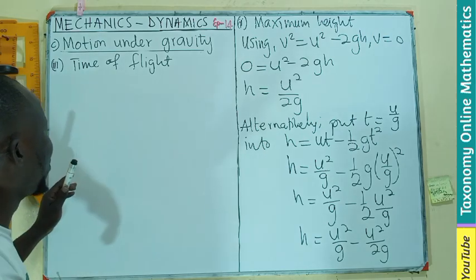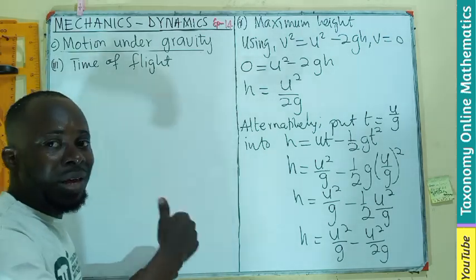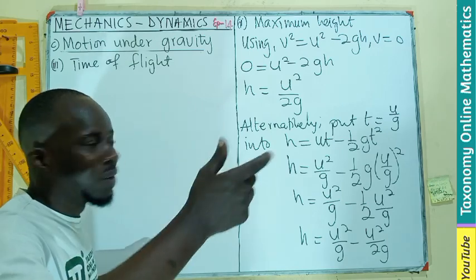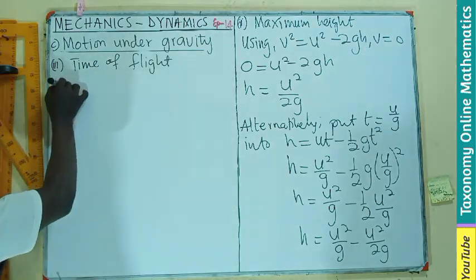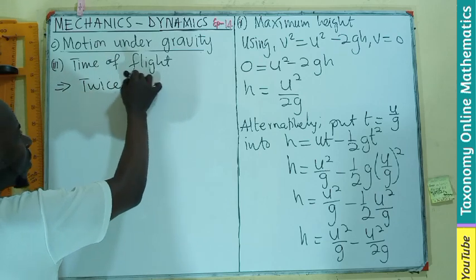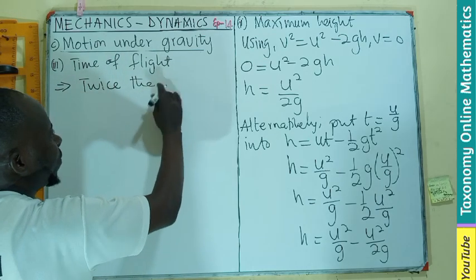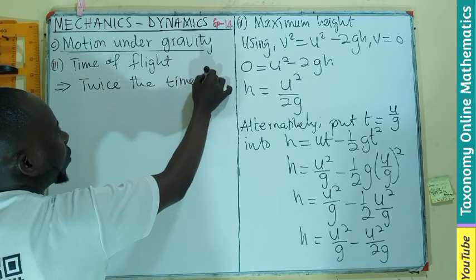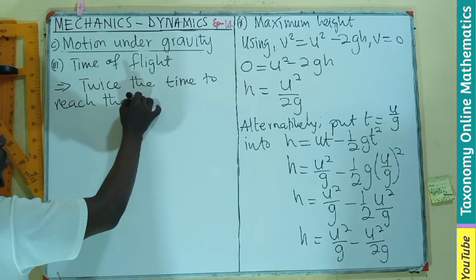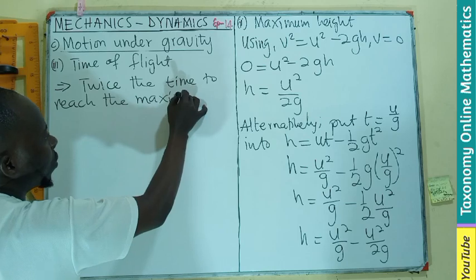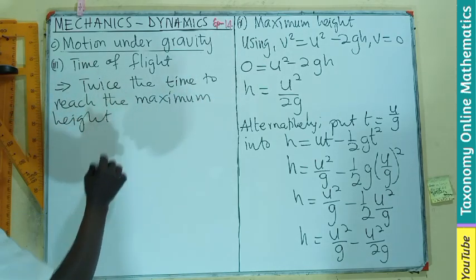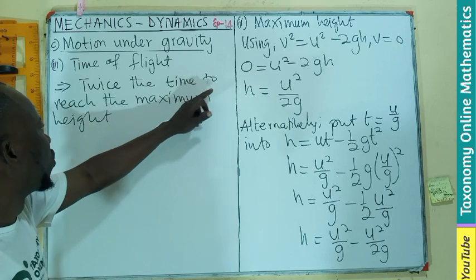Since I've done so many calculations in terms of change of subject, I'm going straight forward with this. The time of flight is going to be the maximum time taken to reach the top, and it's returning twice of that. So the time of flight just means twice the maximum time, or twice the time to reach what?